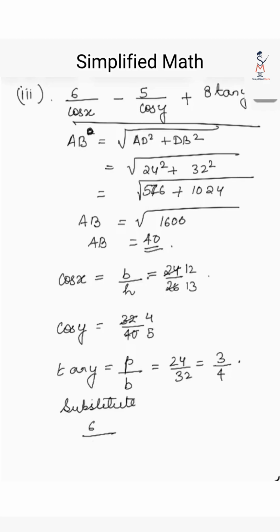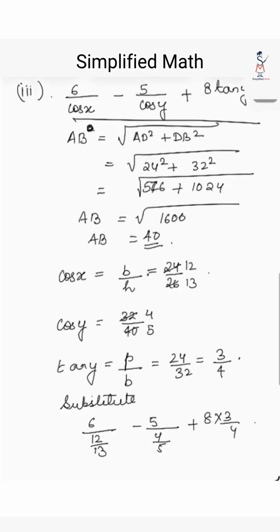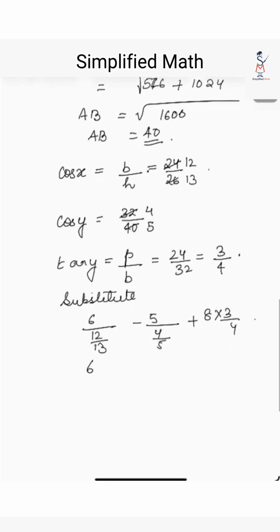So 6 by 12 by 13 minus 5 by 4 by 5 plus 8 into 3 by 4. So this will become 6 divided by 12 by 13, so 13 by 12. The lower one will be reciprocated because it is division. Same way 5 into 5 by 4, and 8 into 3 by 4 will become 6. So you can cancel this.